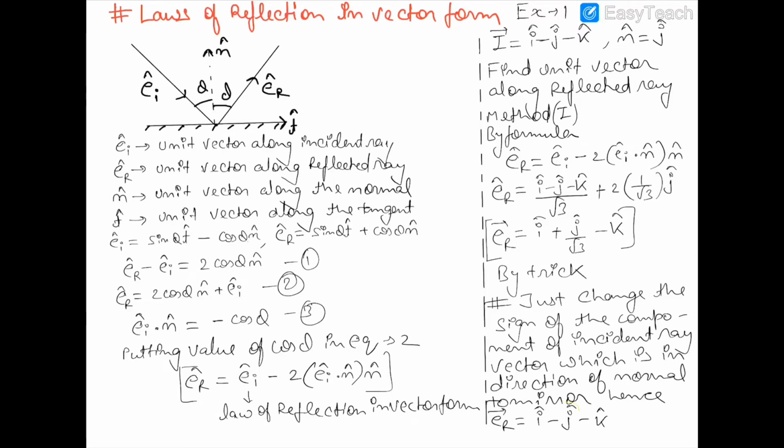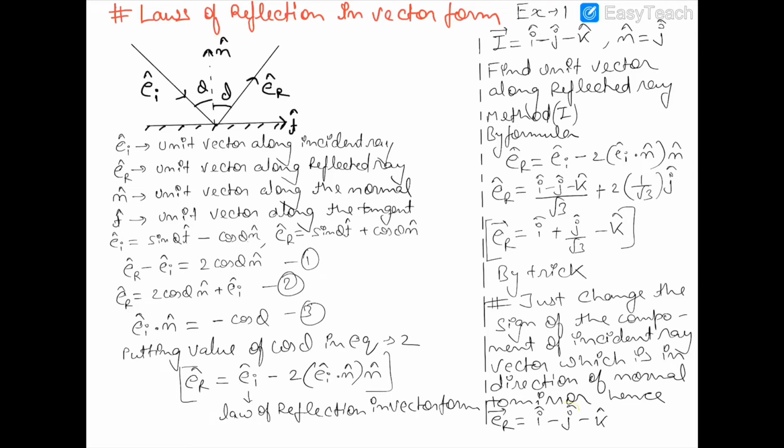Okay, so I am repeating that I have changed that sign here. So ER cap will be equal to i cap minus j cap minus k cap upon root 3, because I have to take the unit vector, and the vector which is given in the above question is the incident ray vector.